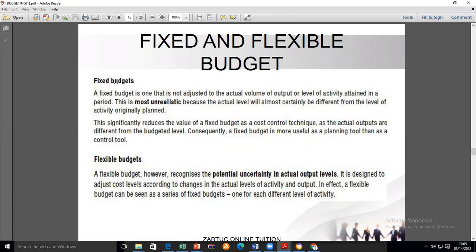So yes, the terms are very simple, but they are more useful because of the concept of responsibility accounting.